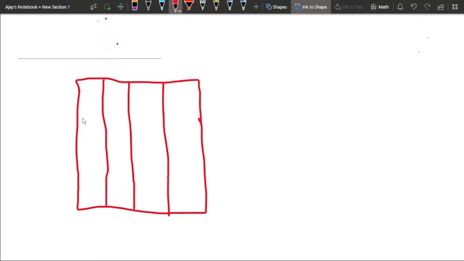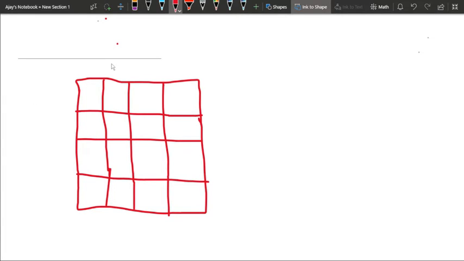Also I'm creating 4 lines: 1 and 2 and 3 and 4.